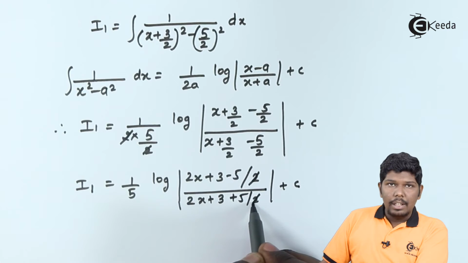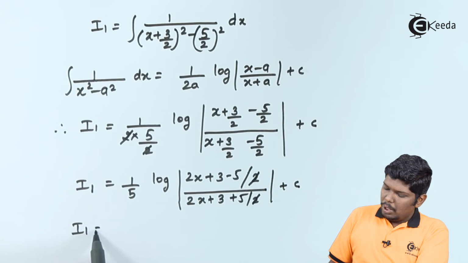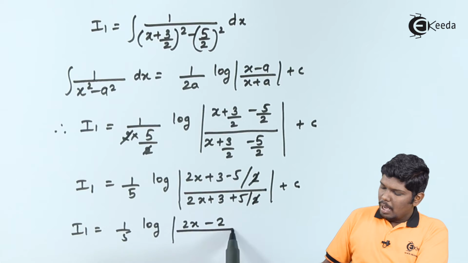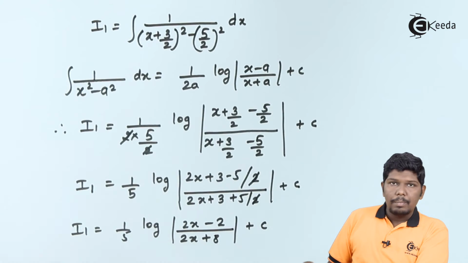Here 2 will be cancelled and we have I1 equal to 1 upon 5 log of 2x plus 3 minus 5, which will give you 2x minus 2, upon 2x plus 3 plus 5, which will give you 2x plus 8, plus c.